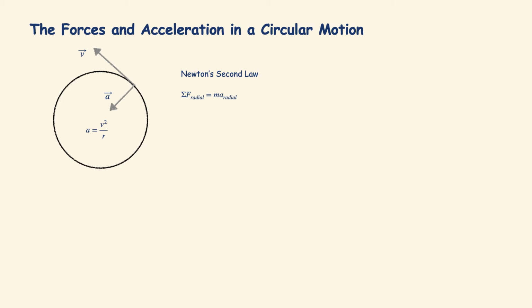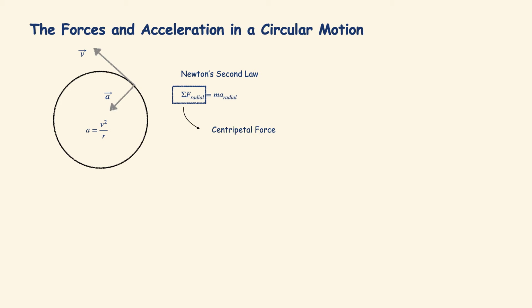So one specific application of Newton's second law along that direction will give us that all the forces that have any radial components, once you add up those components, have to be equal to the mass times the radial acceleration, which we usually call centripetal acceleration, and it has a value of v squared over r. Now this expression here, the combination of those forces along the radial direction, is sometimes called centripetal force.